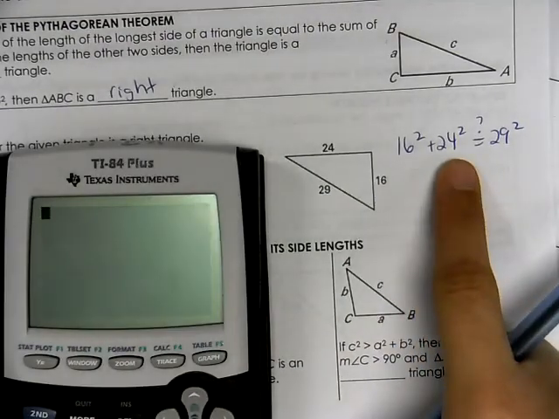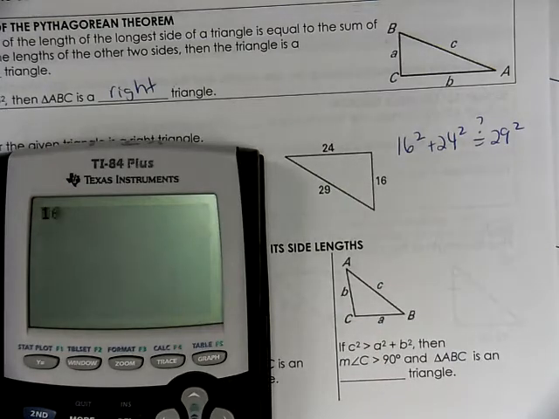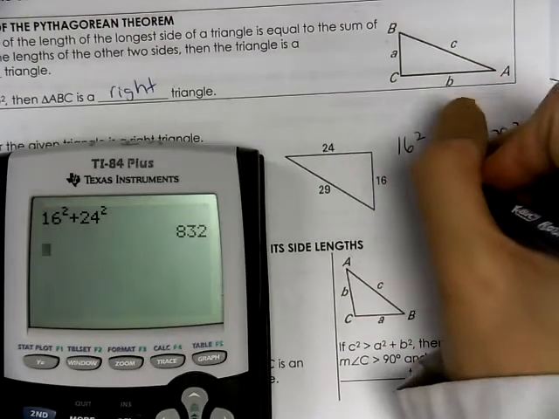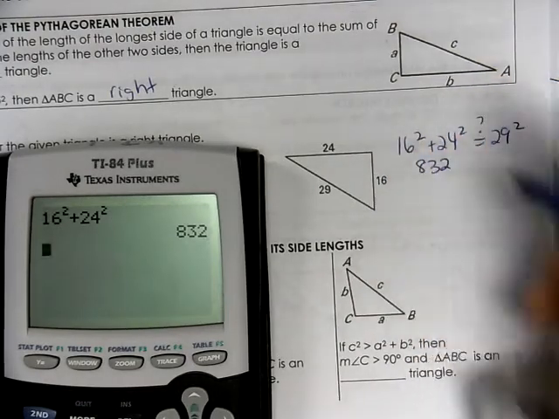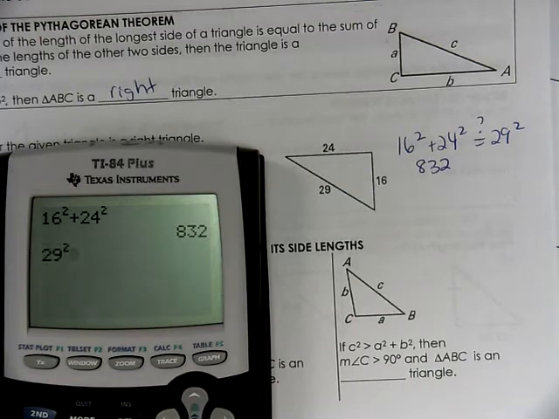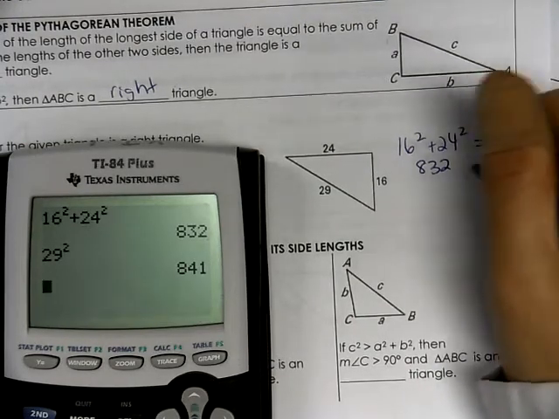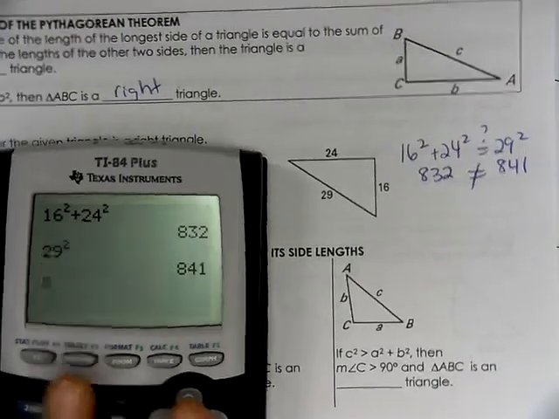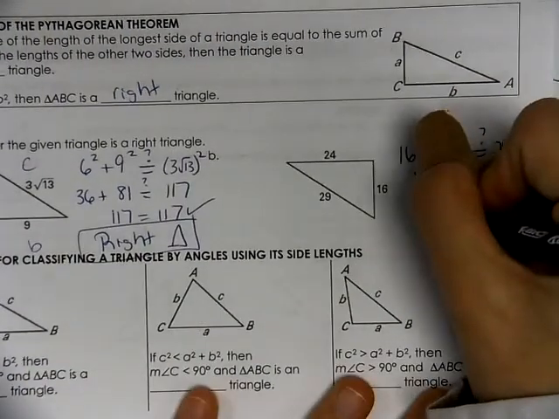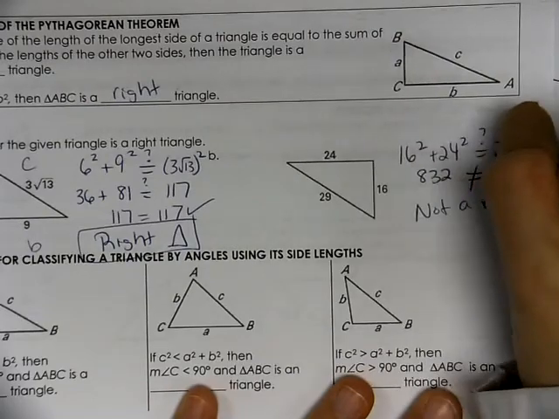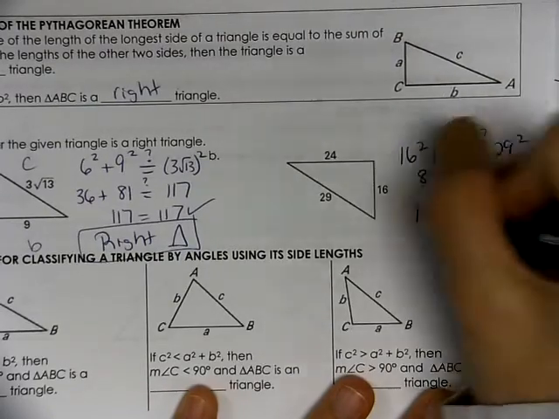You can do this as one step if you want. 16 squared plus 24 squared is 832, and 29 squared is 841. So they are not equal. Since they're not equal, you can say this is not a right triangle.